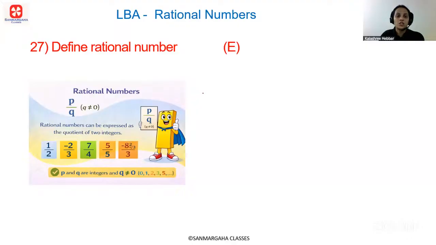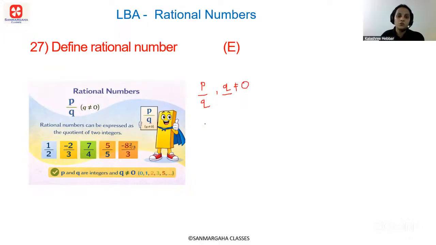Define rational number. Rational numbers are the numbers which can be written in the form of p by q, where q is not equal to 0.